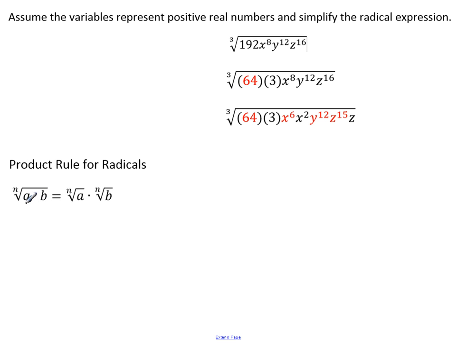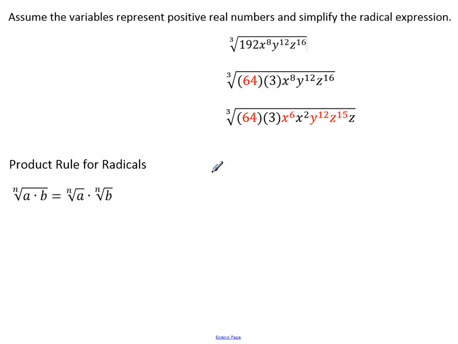So this says if you're taking the nth root of a multiplied by b, that's going to be equal to the nth root of a multiplied by the nth root of b. So I split this one nth root into two. And you can actually do that for as many factors as you want. So you see here I have 1, 2, 3, 4, 5, 6, 7 factors. So this rule says I can split this up into 7 different radicals.